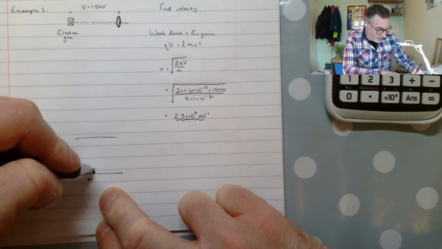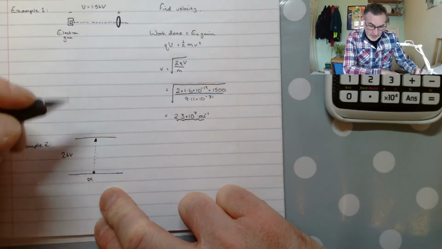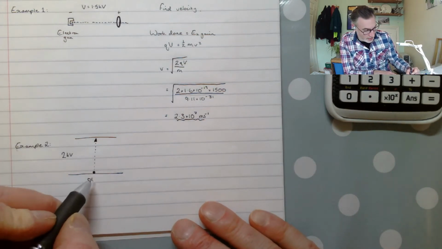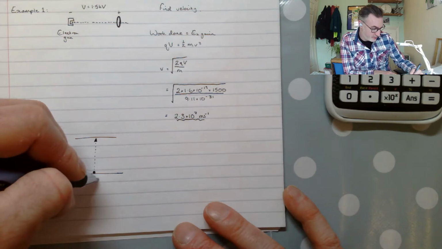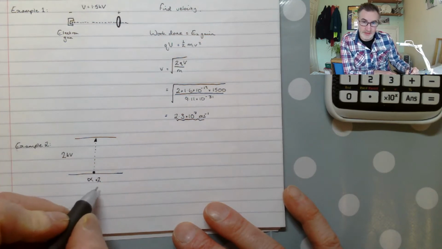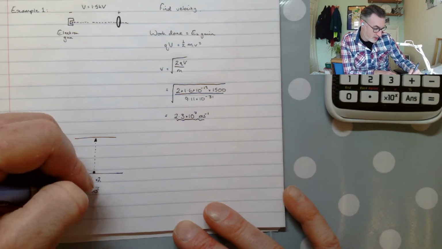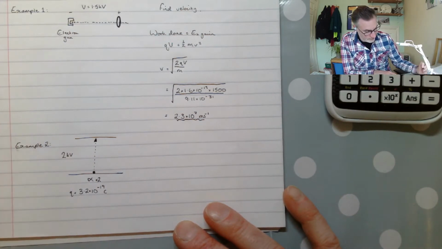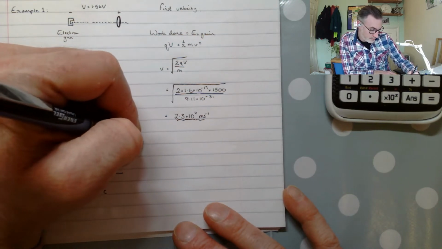How much work would need to be done to put this alpha particle up to here? So an alpha particle, 2 protons, has a charge of +2 in terms of unit charges, and so that would be 3.2 times 10 to the minus 19 coulombs.